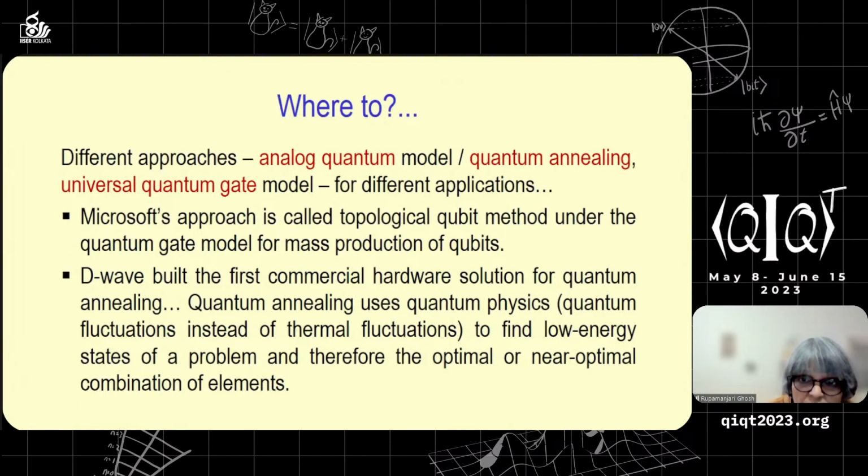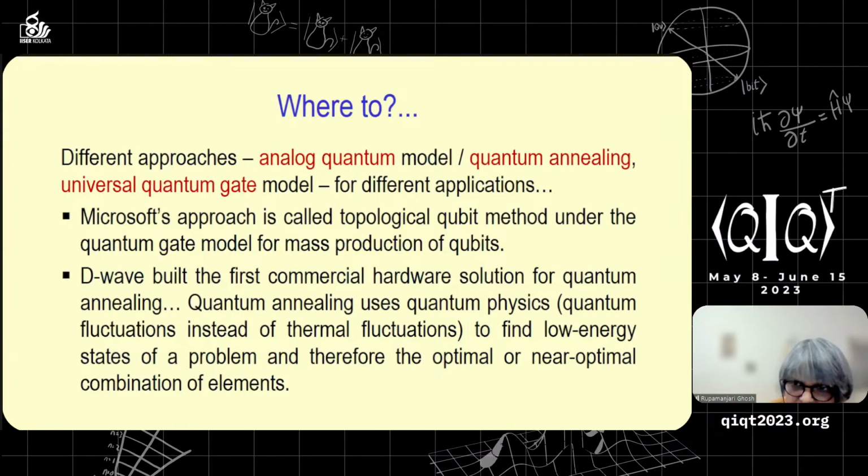So analog quantum model or quantum annealing, for example, again, I'll give you a reference on that, versus, for example, the universal quantum gate model, which has been around for some time. Microsoft's approach is called the topological qubit method, and that uses the universal quantum gate model for mass production of qubits.